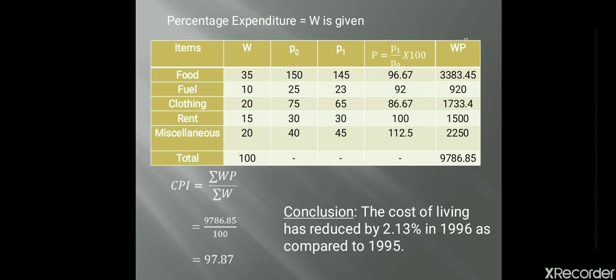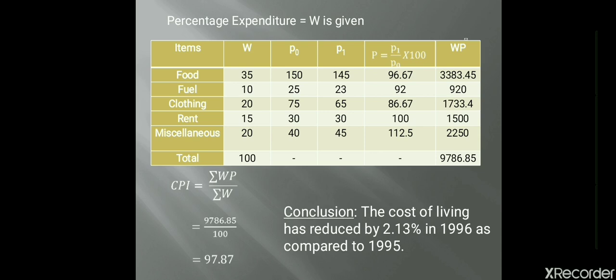For the first item food, P1 value is 145 divided by P0 value is 150 multiplied by 100 results in 96.67.